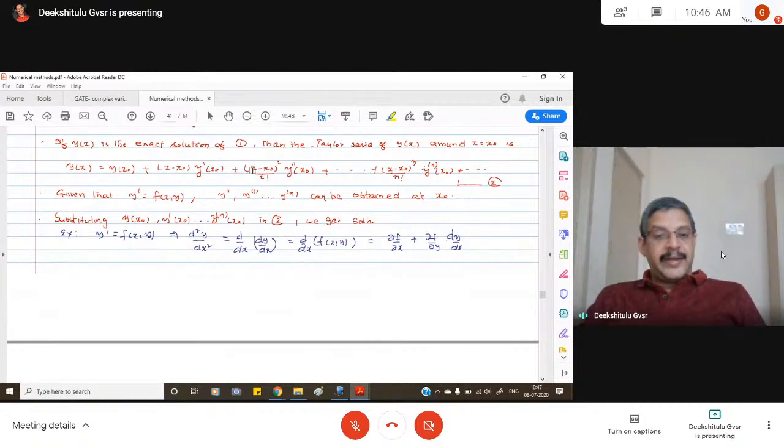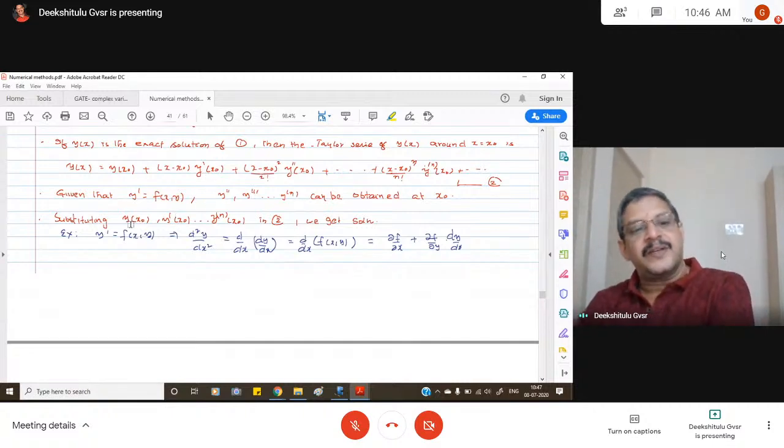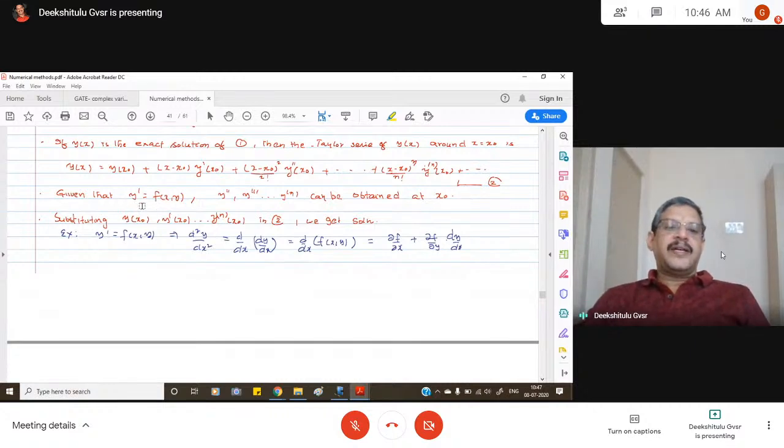It's not directly given in the problem, but you know y dash is equal to f of x, y. If you substitute x naught, y naught in this, you get y dash at x naught. Then in the third term, x minus x naught squared by 2 factorial, everything is known. The only thing that we don't know is y double dash at x naught, then y triple dash, then the fourth derivative of y, and so on. These terms we don't know.